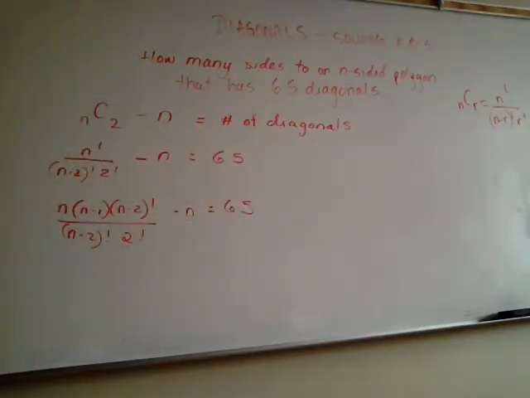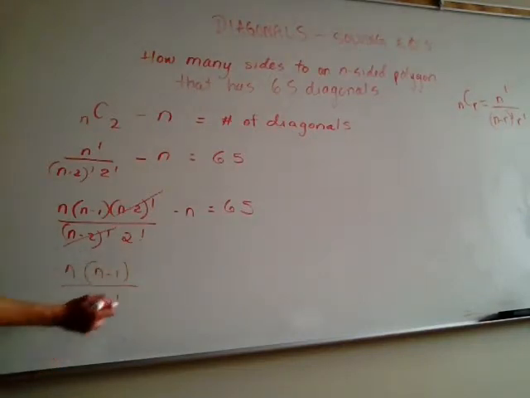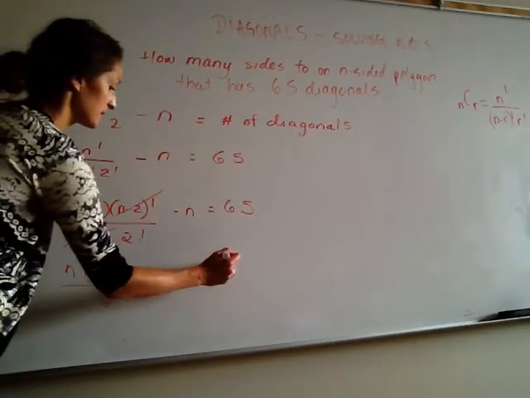So let's cancel out those n minus 2 factorials, and I'm left with n times n minus 1 over 2 factorial minus n equals 65.